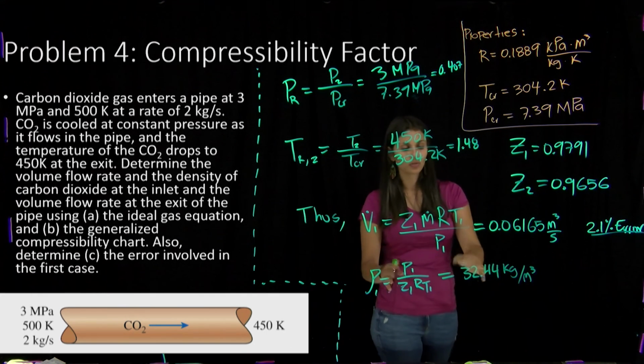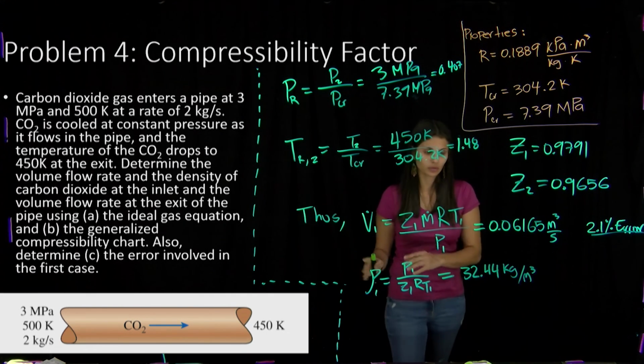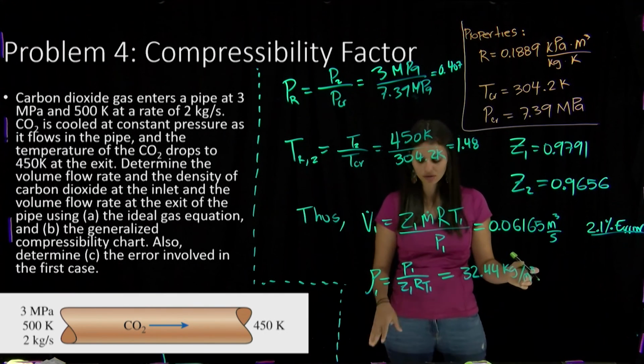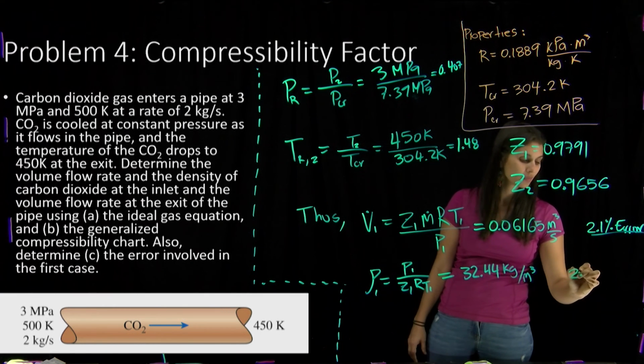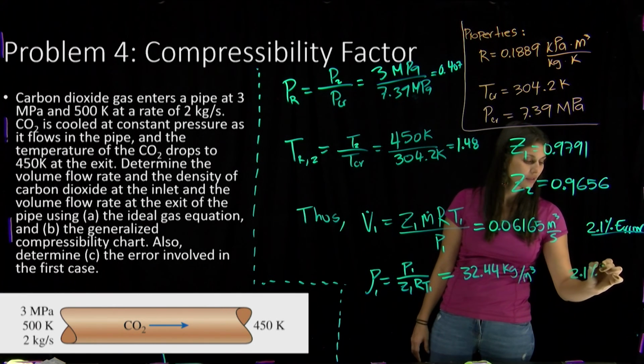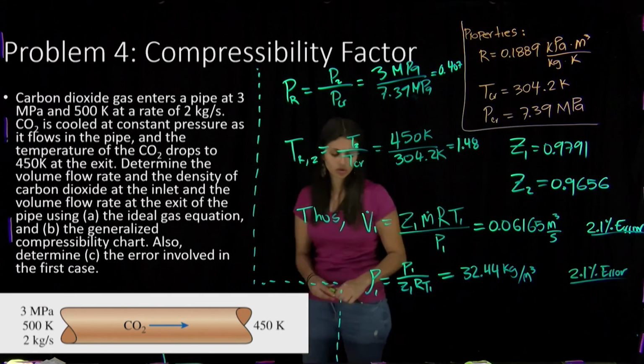And again, if you compare this result with the result that we obtained at the beginning of the exercise using just the ideal gas equation, you will see also that there's a 2.1% error when you use the ideal gas equation approach.